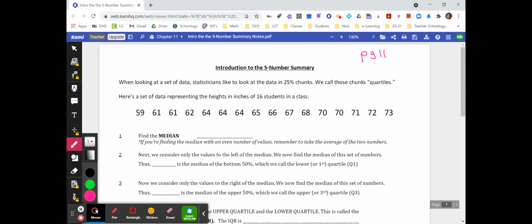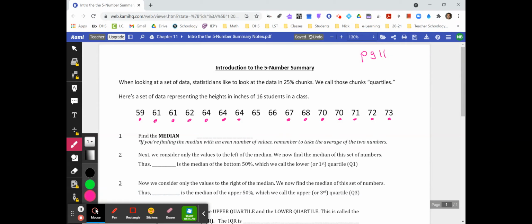And if you look at that little note underneath the median, when you're finding the median with an even number of values, which we have, remember we're going to have to take the average of those two numbers in the middle. So let's get that middle number here. So we got 59, 73, 61, 72, another 61, 71, 62, 70, 64, 70, 64, 68, 64, 67.